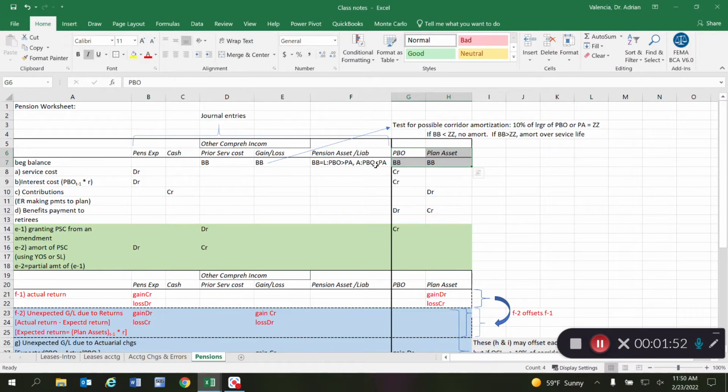The opposite is true too: if your plan assets are worth more than the PBO, then you're in a pension asset position. So what we report on our financial statements is the netting of these two items. Nevertheless, we are tracking what's going on in the PBO and the plan asset itself as we do the accounting.